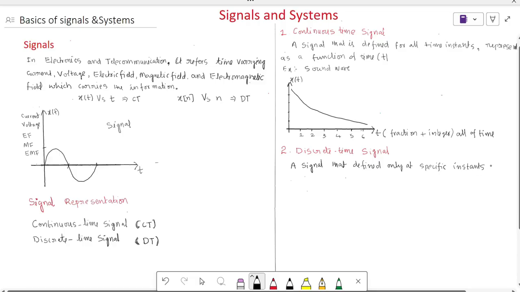So you should remember that n is an integer, is it? So it is often represented as a sequence of values.